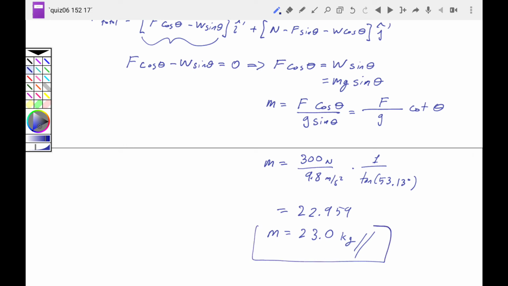So if the mass was any more than this, then this wouldn't be equality.